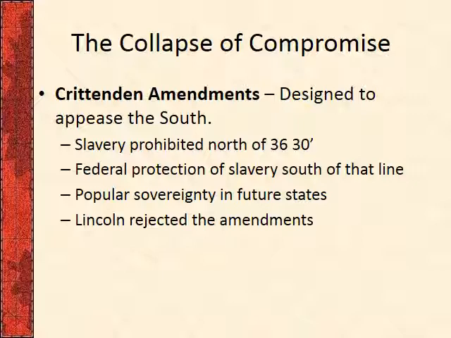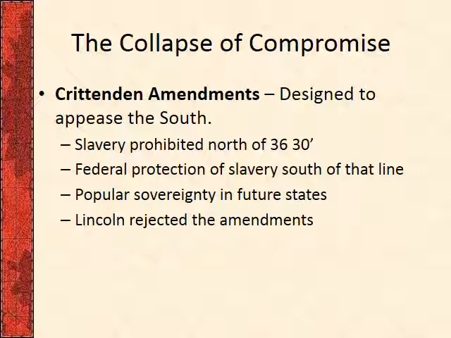It goes right back to the Missouri Compromise, where slavery is prohibited north of 36 degrees 30 minutes, with federal protection of slavery south of that line. So states that have slavery, nobody can take anything away from them. Popular sovereignty in future states is the Douglas approach in the territories.